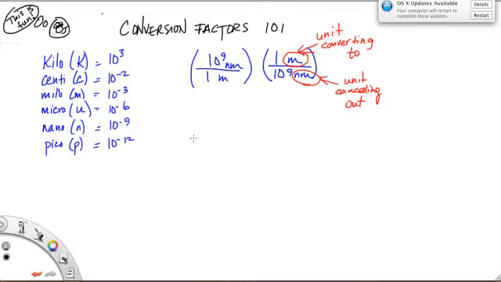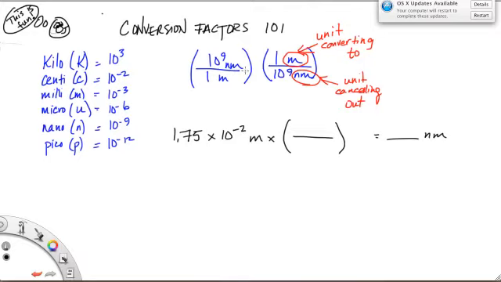So let's say that I have 1.75 times 10 to the minus second meters. And I want to know how many nanometers that is. Well, then the conversion factor that I need to use is going to be this guy, because nanometers is in the numerator.